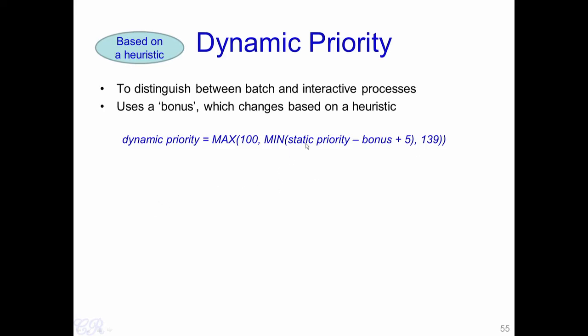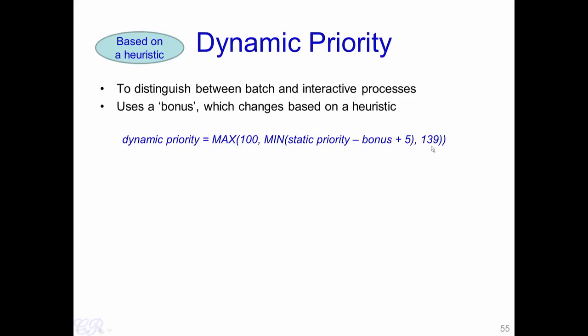Essentially, it takes the static priority which we have set, which is either 120 by default given at the start of execution, or the priority based on the nice value, and subtracts something known as a bonus and adds 5. So, it takes the min of this, that is static priority minus bonus plus 5, and 139, and it then takes the max of 100 and this value.